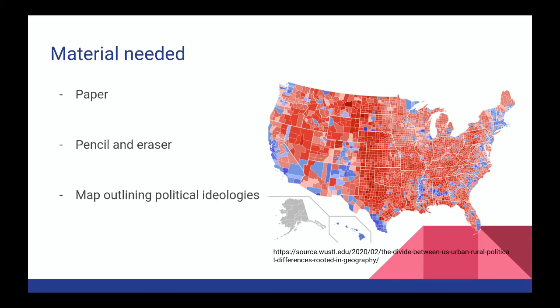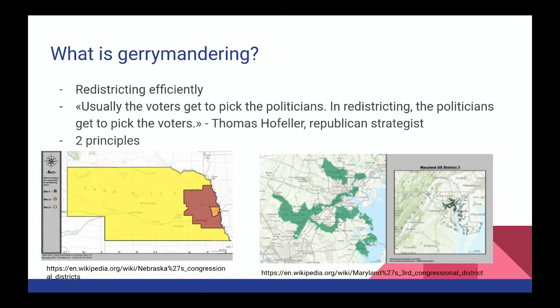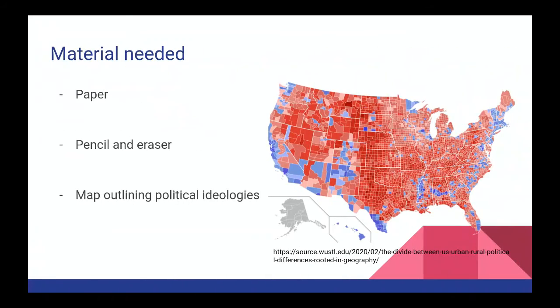I just want to note that this region has voted Democratic, and if we look at the other map that we showed before, this is the part of Omaha, the 2nd congressional district of Nebraska, which happened to vote for the Democratic Party in the 2020 presidential election.